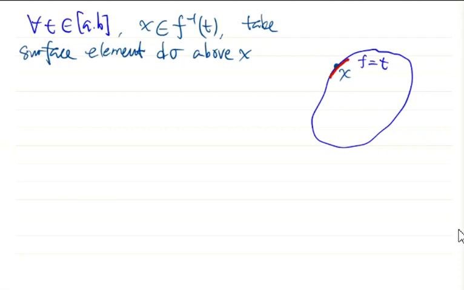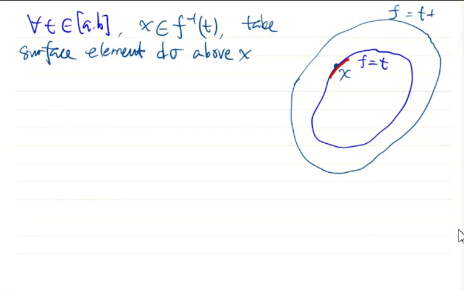Now let's consider a nearby surface, that is, we increase t slightly. We obtain a nearby surface. This is f equal to t plus a slight increment dt. And we consider the normal line passing through x, a normal line to f equal to t.